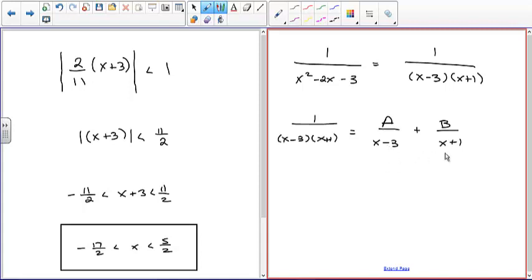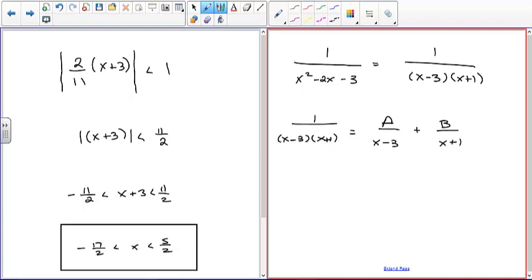And you can see that once I've broken them up into individual terms that have a linear part and a constant part, you can imagine how I could manipulate those to fit into the geometric series arrangement, a over 1 minus r.